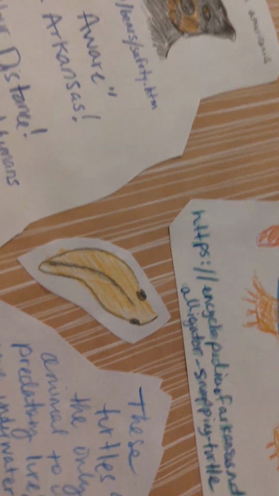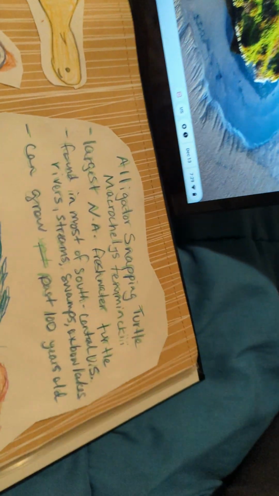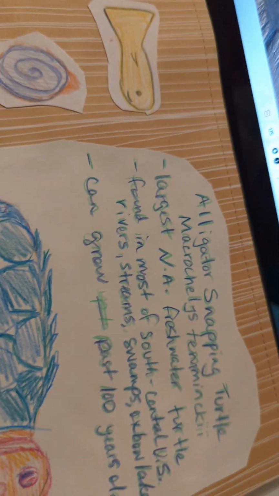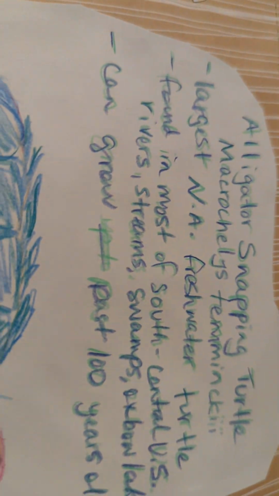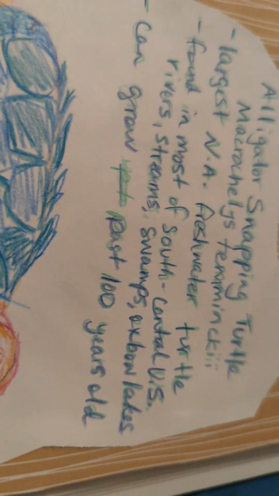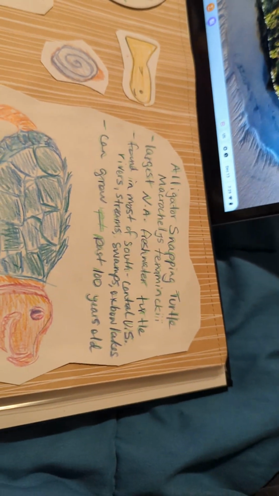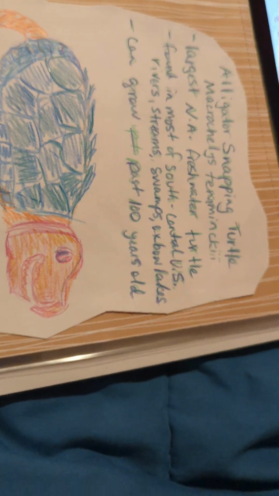The alligator snapping turtle is Macrochelys temminckii. I'm probably butchering that Latin name, but it is the largest North American freshwater turtle, found in most of south central U.S. in rivers and streams and swamps and lakes.